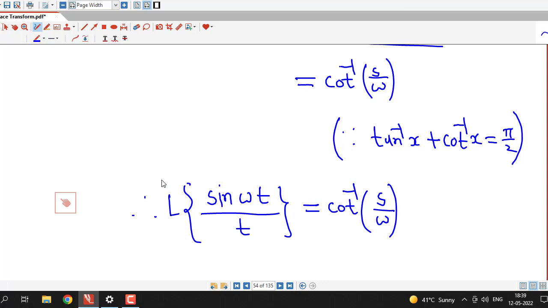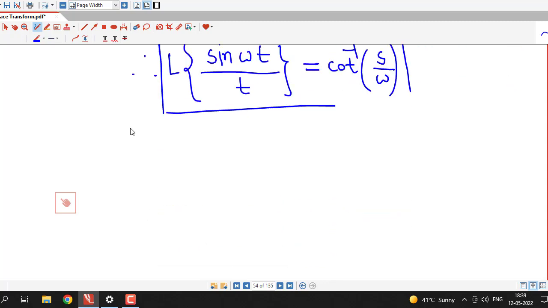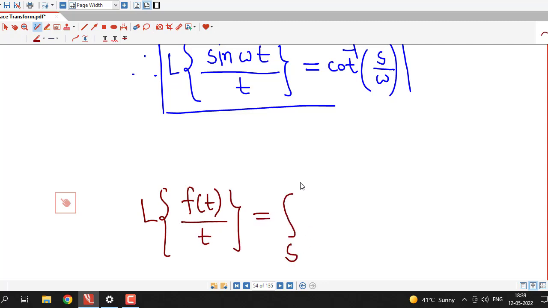So we can easily obtain the Laplace transform of this type of function using the formula of division by t. We are using this formula from the last several lectures. If our function is divided by t, then the Laplace transform is given by the improper integral of the Laplace transform of f of t with respect to s.